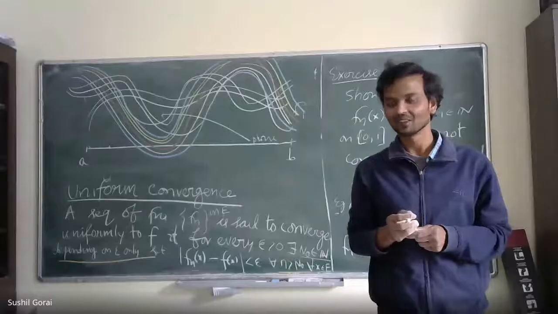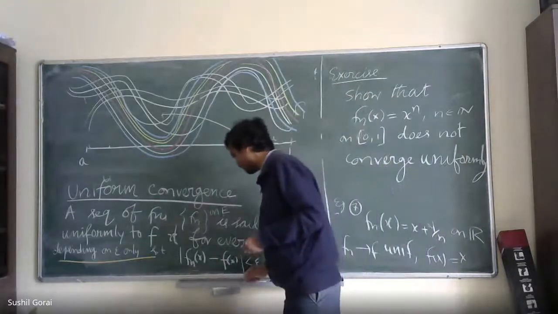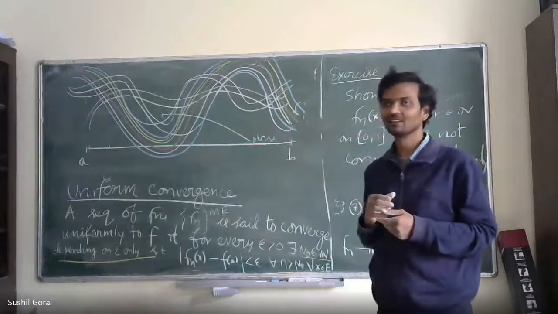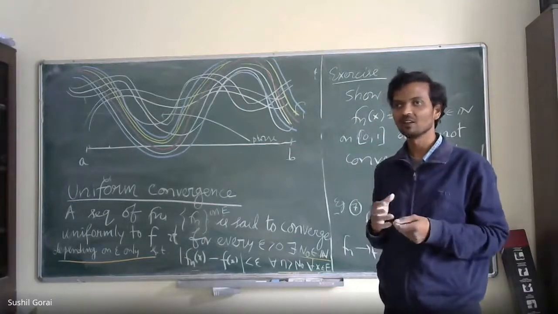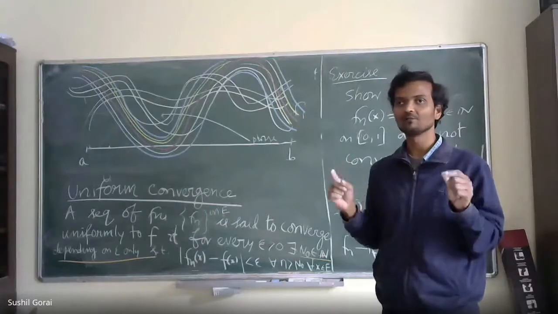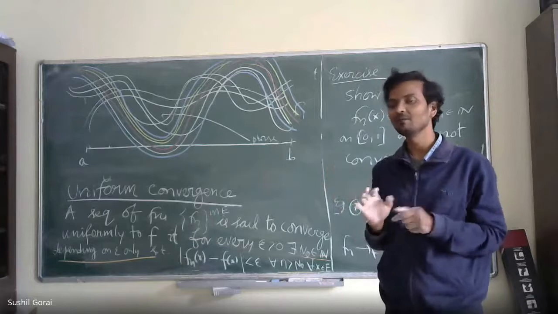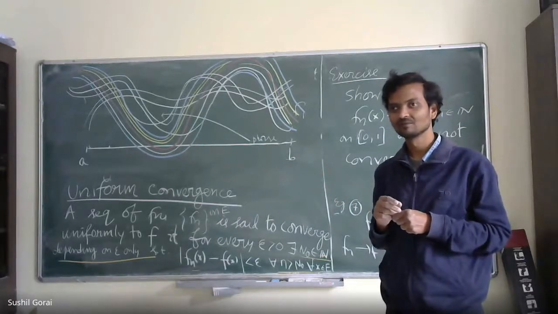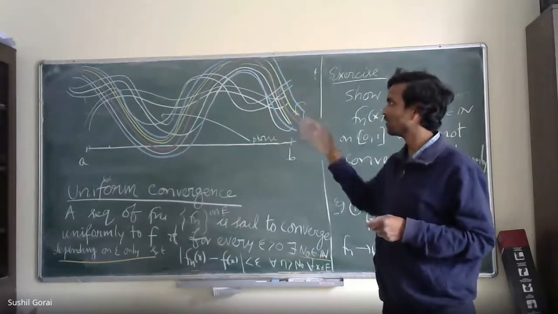Yes, sir. It's actually a little complicated to appreciate, but I'll suggest you draw this picture again and think about what is uniform and what is pointwise convergence. Understanding this difference is very crucial for this chapter, even for this whole course. And your question was very good because I got a chance to explain this.